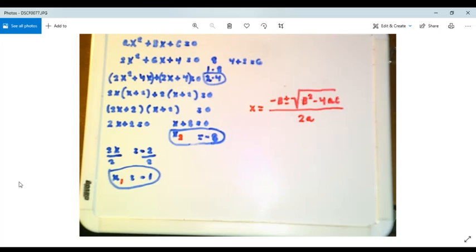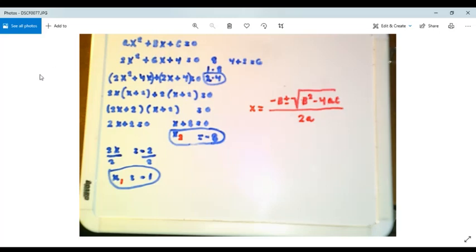What I have today is a quadratic equation. Quadratic equations are in the form of ax squared plus bx plus c equals 0. That is the correct form.